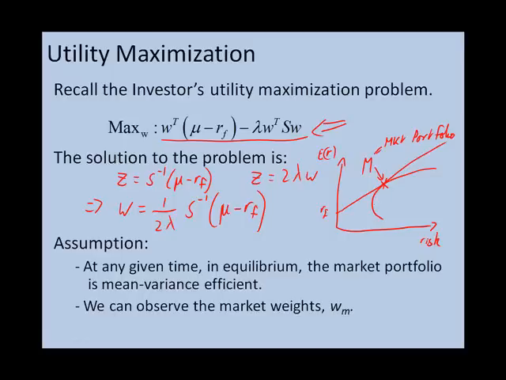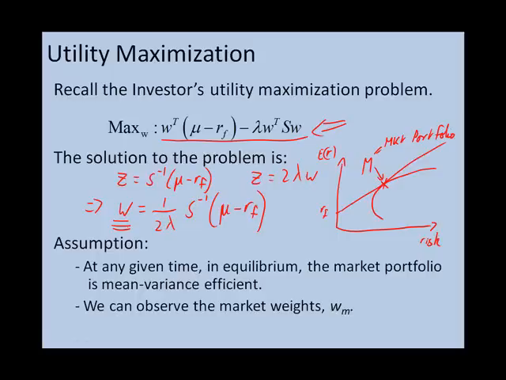With that insight, Black and Litterman then thought about reversing the problem. We observe the weights. These weights for the market are observed. We can see how much we should invest in each stock, because we can see how big a chunk it is of the market portfolio. This was a really clever observation.